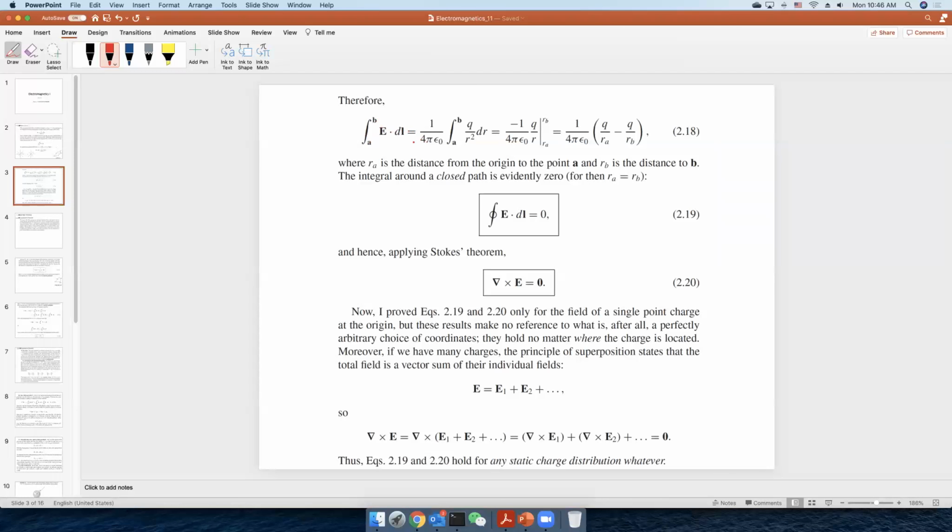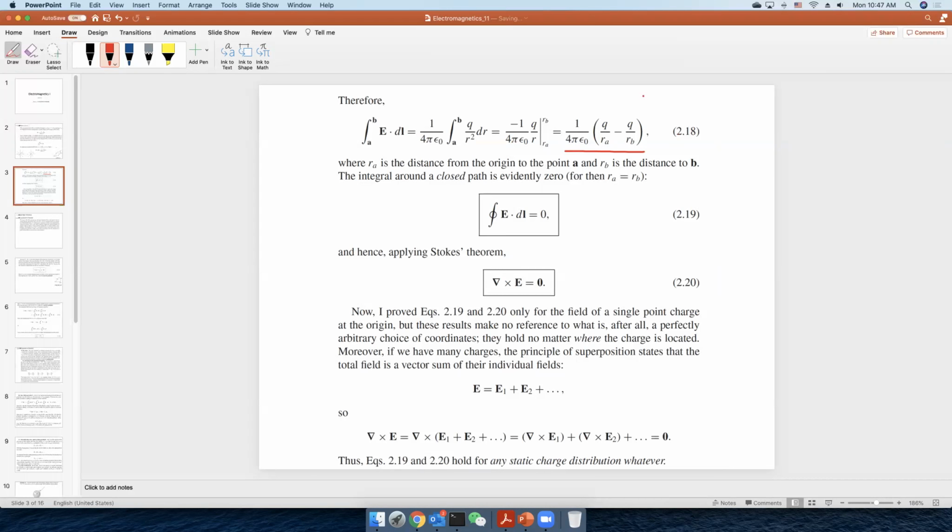from A to B, 1 over 4 pi epsilon 0, of course, is a constant. You can take it out from the integral, and you can just do the integral of this part. And then finally, you can get the integral to be this form. That's not a very difficult integral.